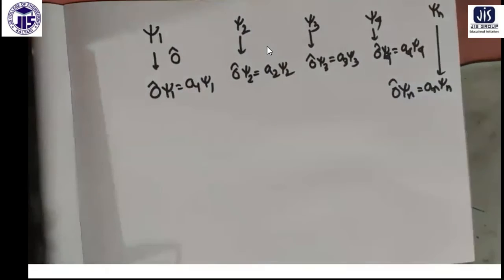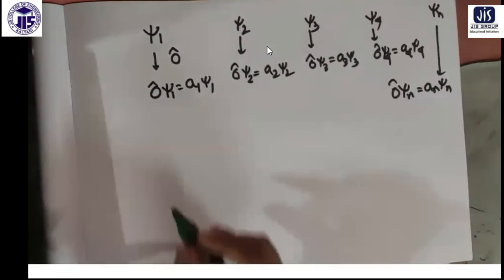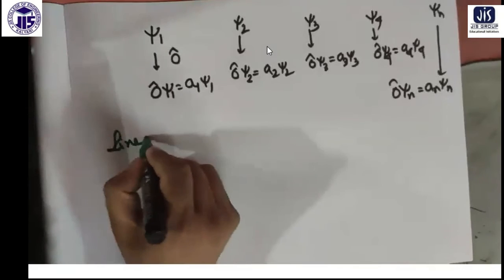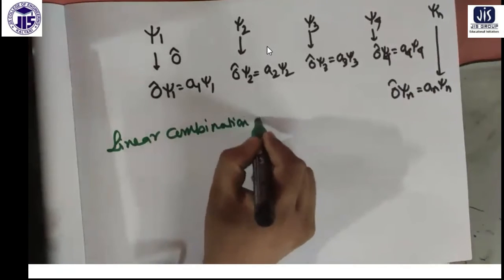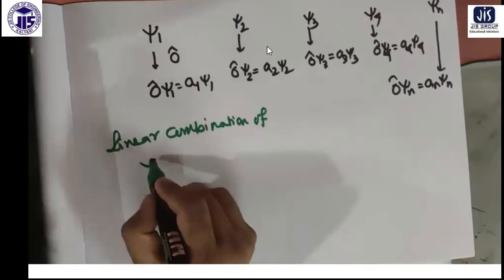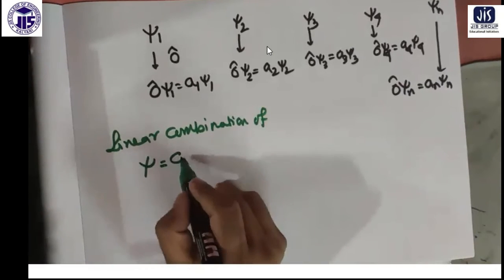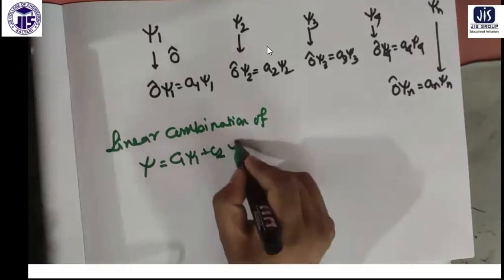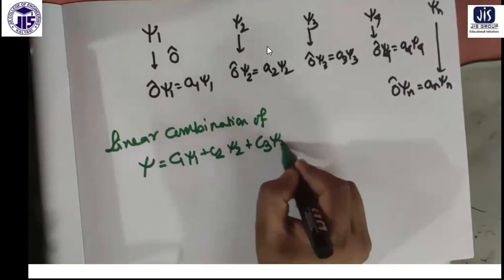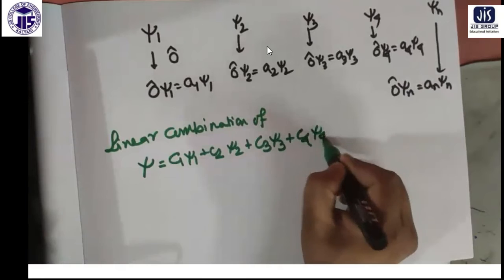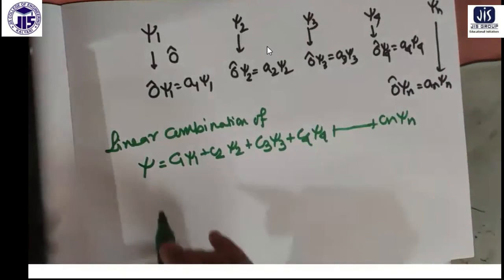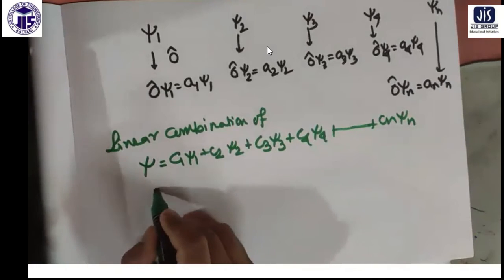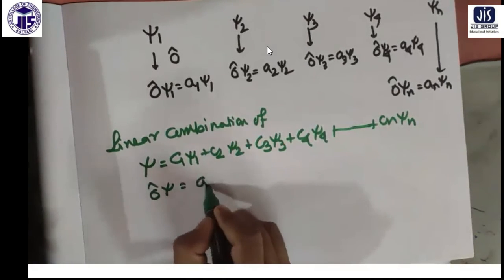If that is the story, then if I take a linear combination of all these psis, that is psi equal to c1 psi 1 plus c2 psi 2 plus c3 psi 3 plus c4 psi 4 and so on up to cn psi n, then this is also going to be an eigenfunction of the same operator.